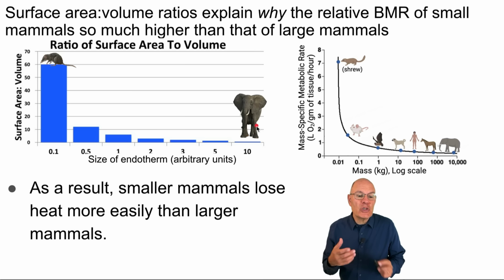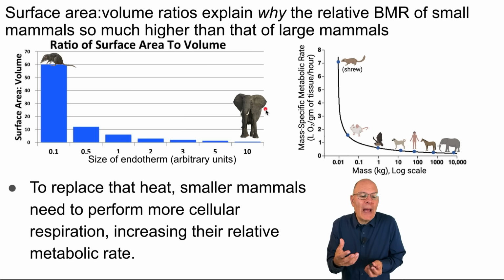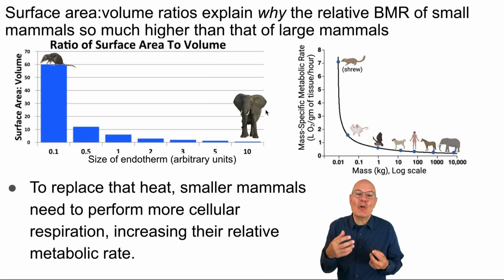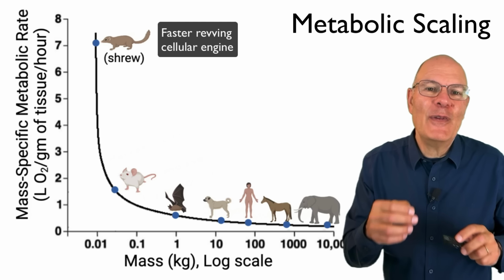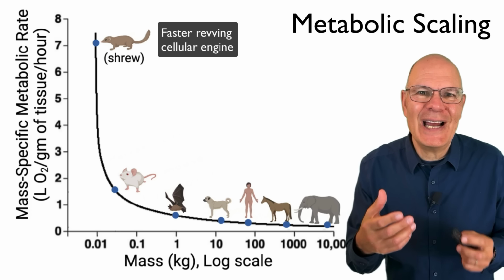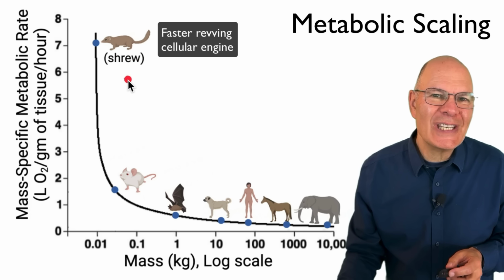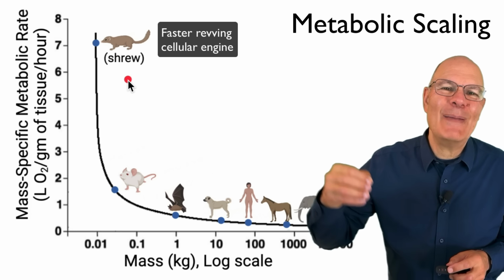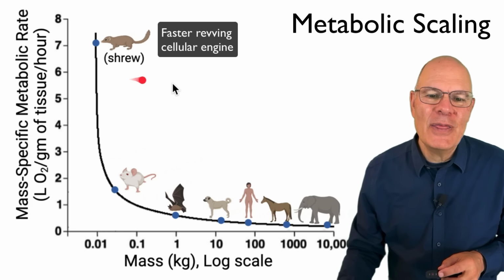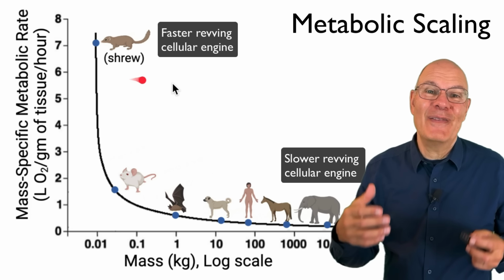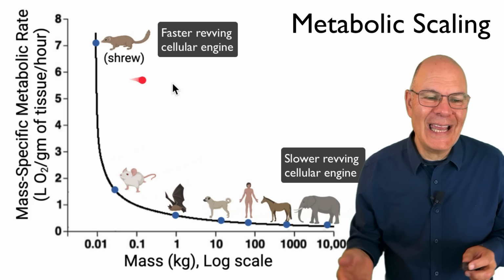As a result, smaller mammals, like a shrew, lose heat much more easily than do larger mammals. Smaller mammals need to perform more cellular respiration, increasing their relative metabolic rate. If you think of metabolism as a kind of engine, the engine in a shrew's cells needs to run at a much, much higher level than the engine in the cells of a large mammal like an elephant.